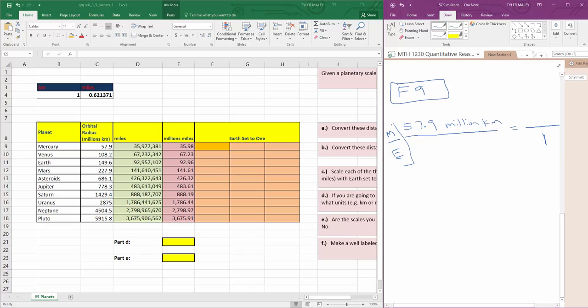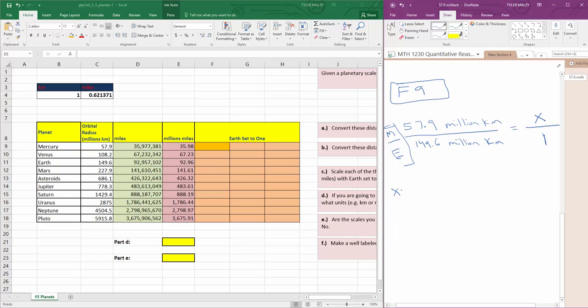So Mercury's on the top, right? So we have 57.9 million kilometers here. And then for the Earth, we have 149.6, and this is also in million kilometers. And then what we're trying to figure out here is x, right? We're trying to scale this to 1, so I need to figure out what x is.